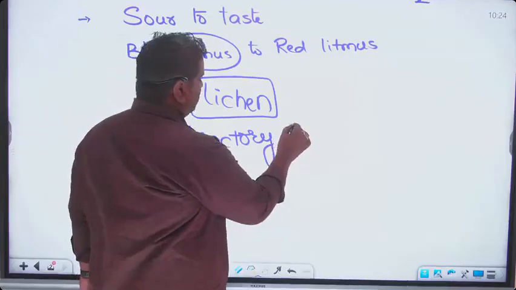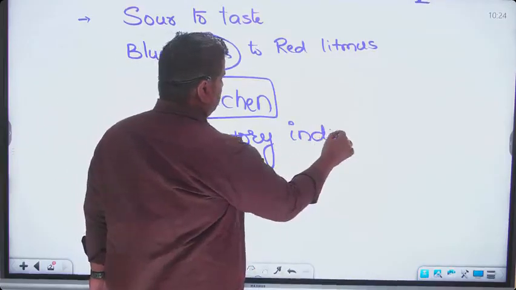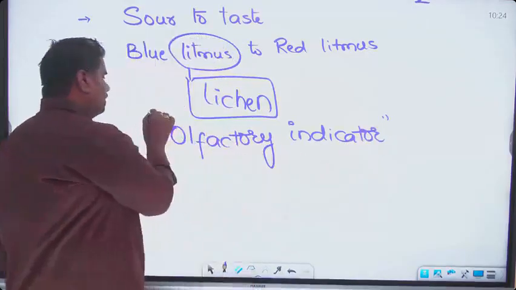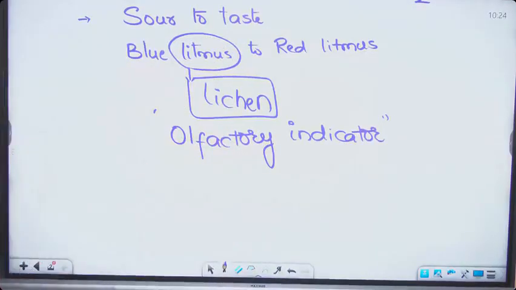Especially onion is known as olfactory indicator.